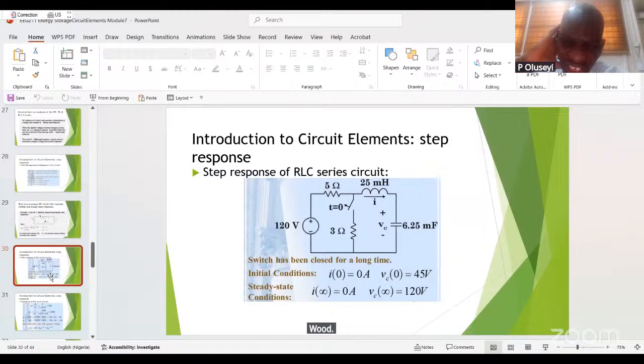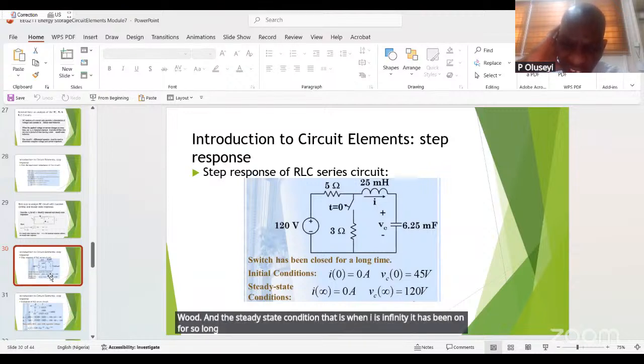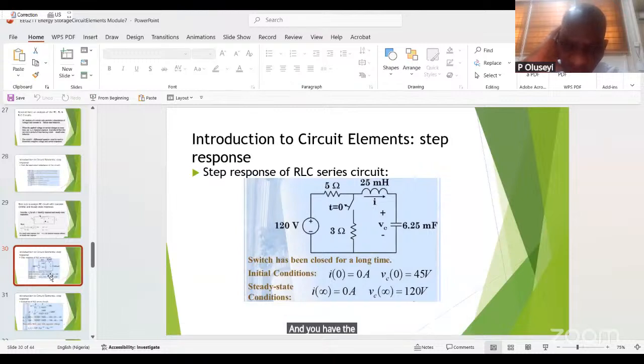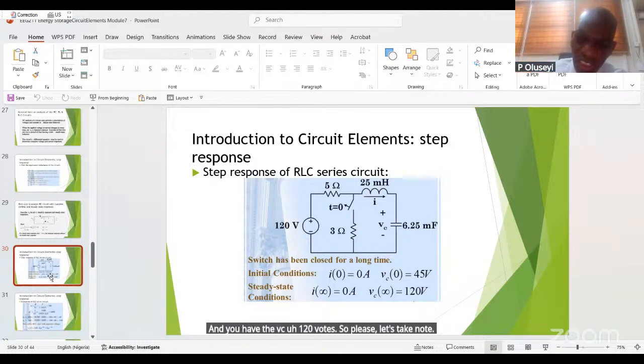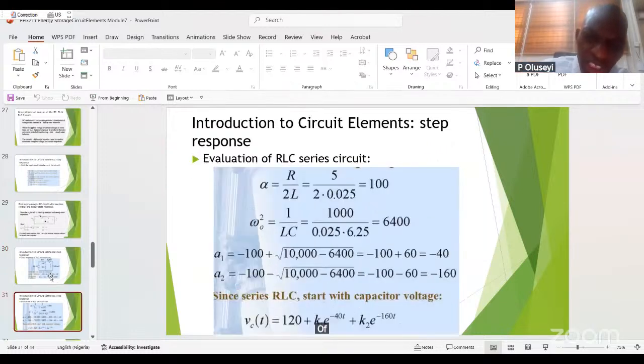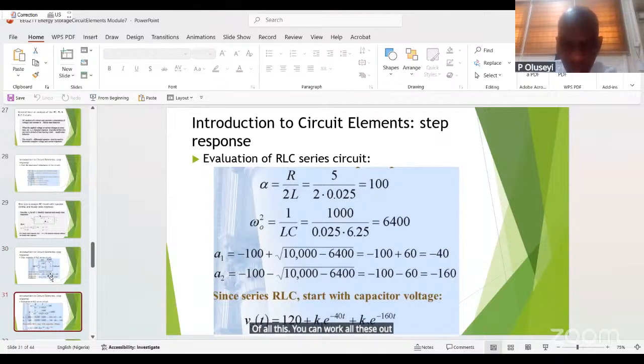And the steady state condition, that is when T is infinity, it has been on for so long, you have current as 0, and you have VC as 120 volts. So please, let's take note of all this. You can work all this out to get the answer.